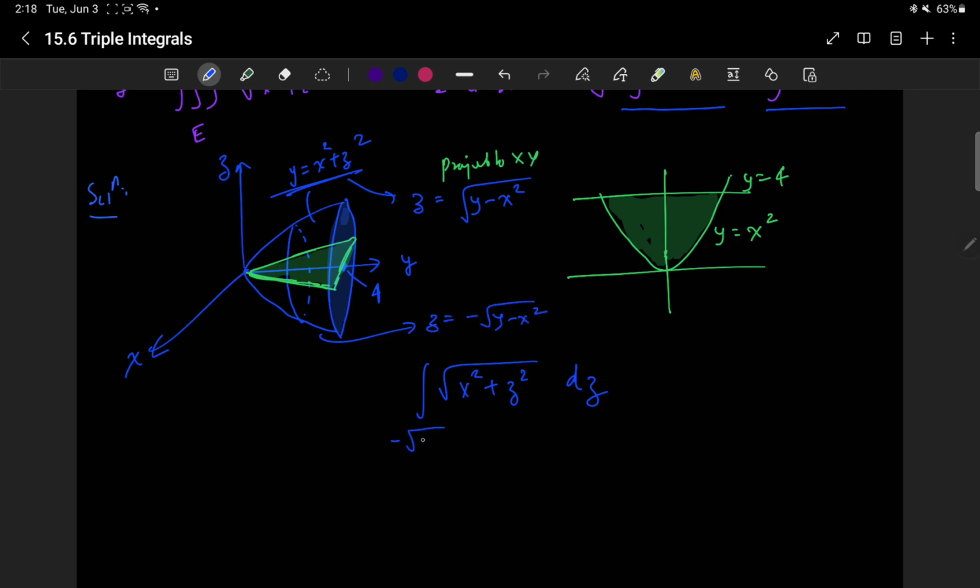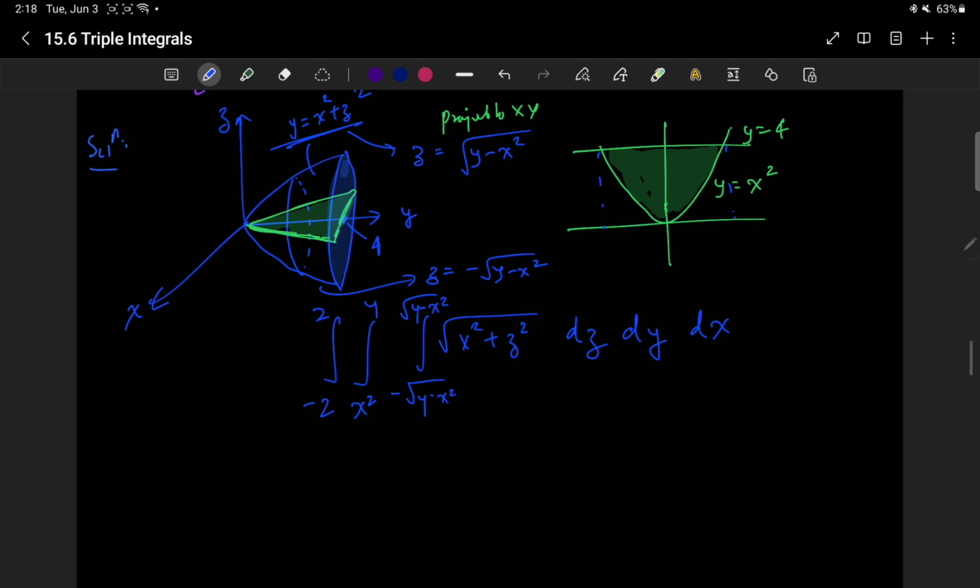So this is going from negative square root of y minus x squared to square root of y minus x squared, and then we're going from y equals x squared to y equals 4, and then we're going from x, whatever these points are, negative 2 to 2.